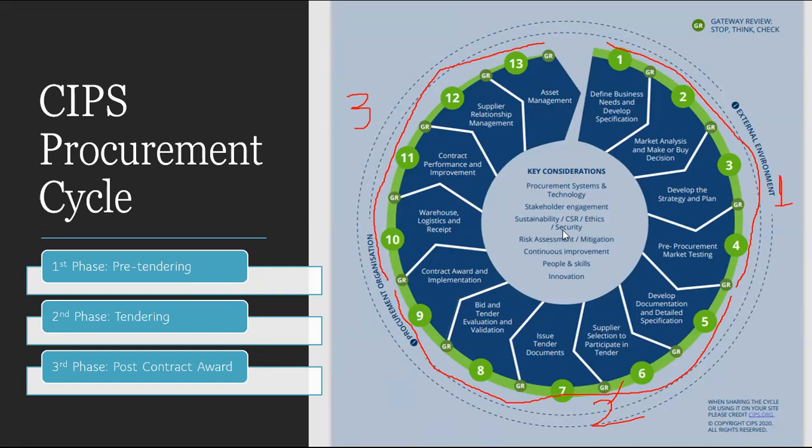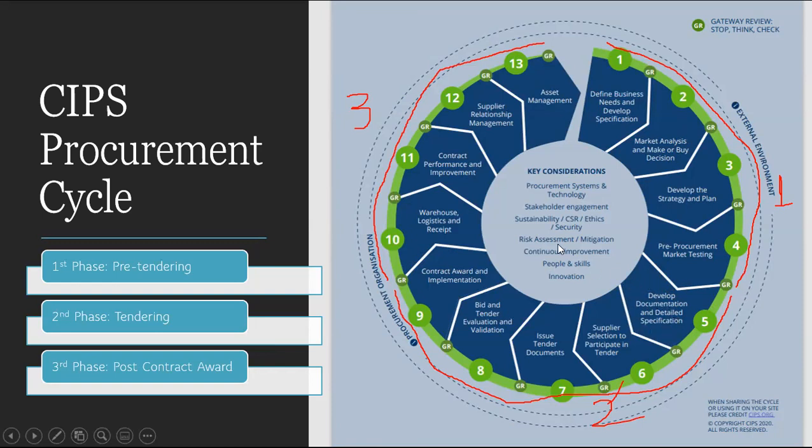Normally, if they give you the stage name, it's a bit easier for you to describe, because you are working in procurement, and when you see a stage name here, you may find it easier to write your ideas.